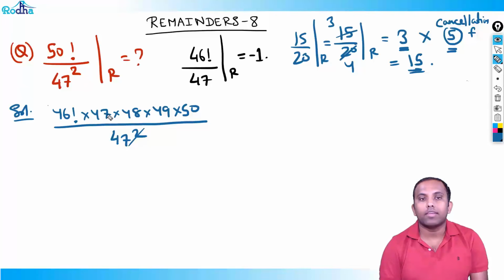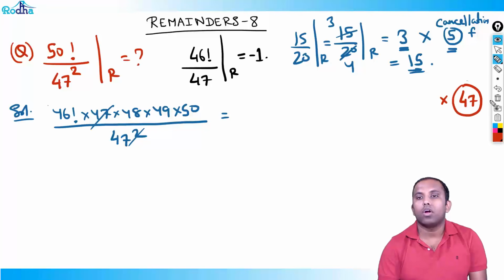Now this can get cancelled, because both numerator and denominator have 47. I can cancel 47, but remember, I need to multiply it back in the last. Always multiply the answer with 47.